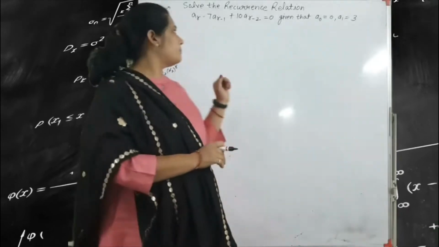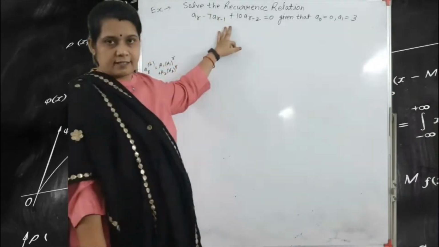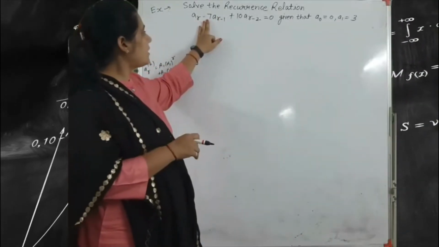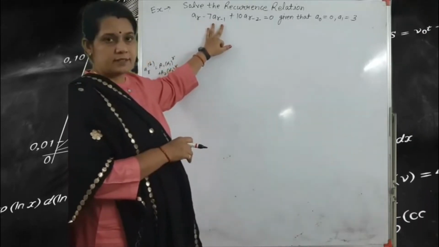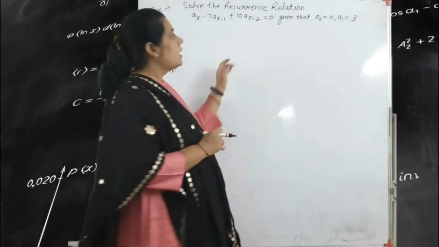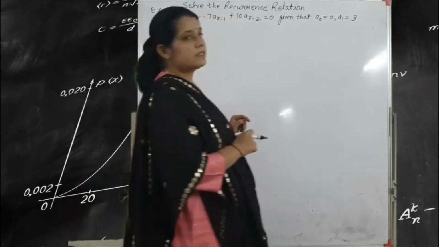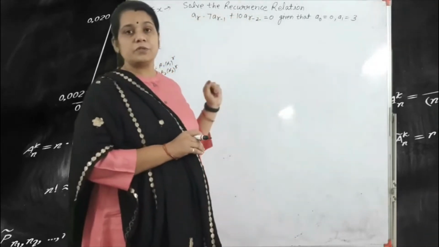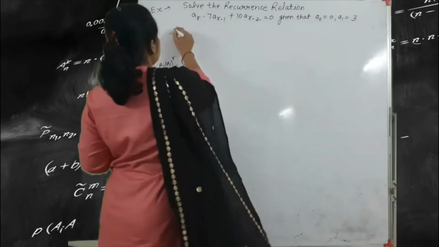The next example is: solve the recurrence relation a_r - 7a_{r-1} + 10a_{r-2} = 0, given that a_0 = 0 and a_1 = 3. Here first you solve this equation.